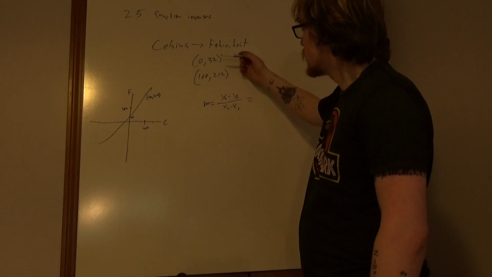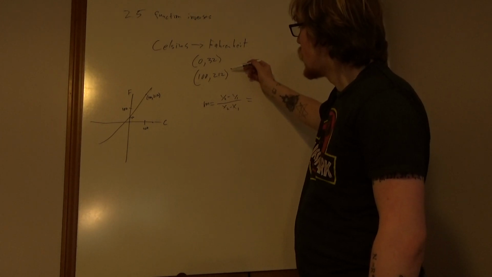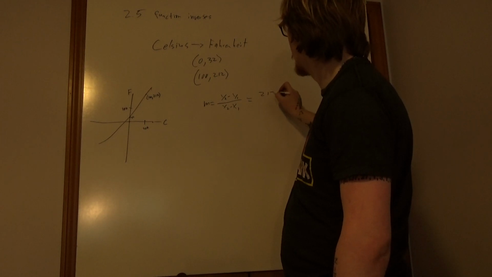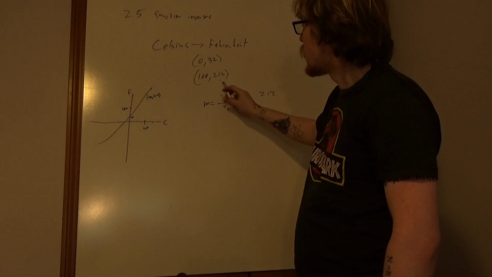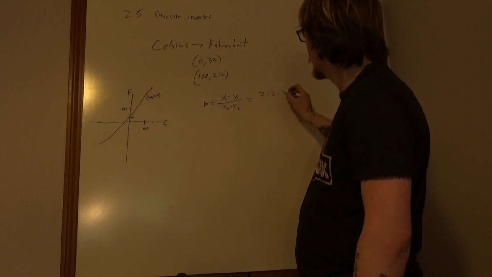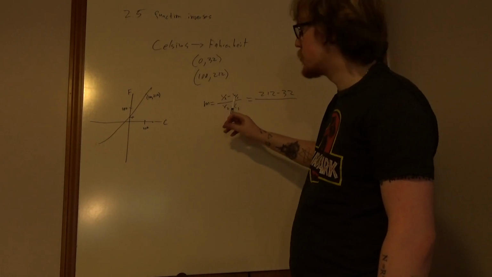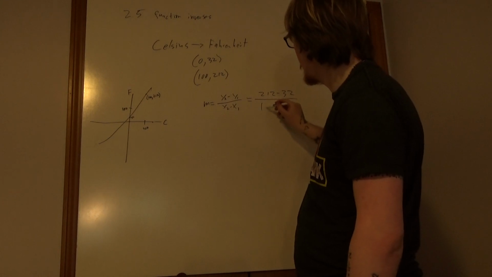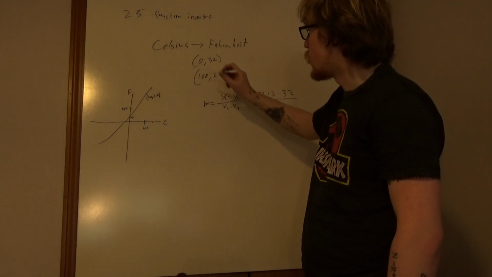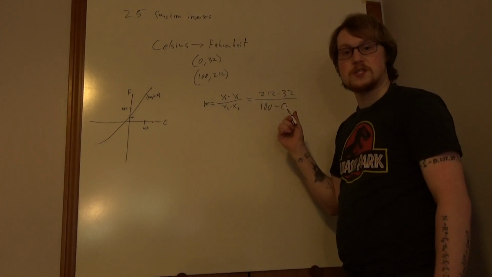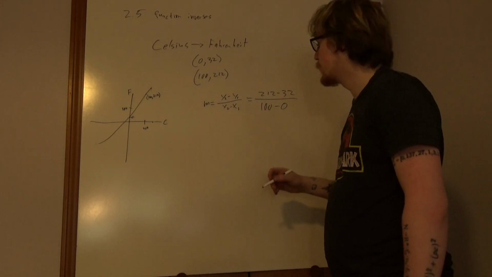In our case, y2 is the y value of the second point, so that's 212. y1 is the y value of the first point, which is 32. And now we're doing the difference of the x terms, where x2 is 100 and x1 is 0.